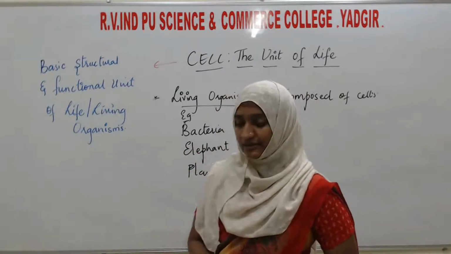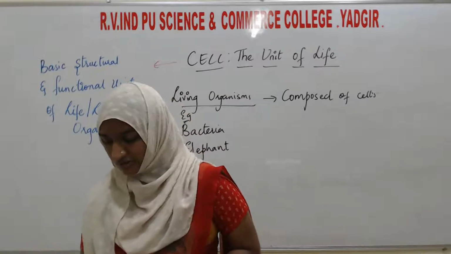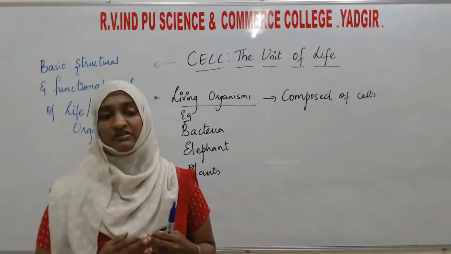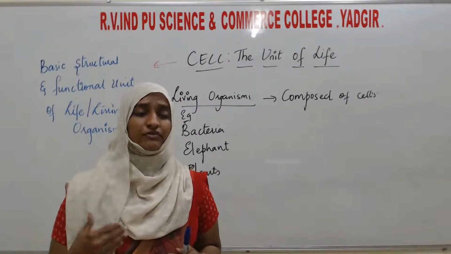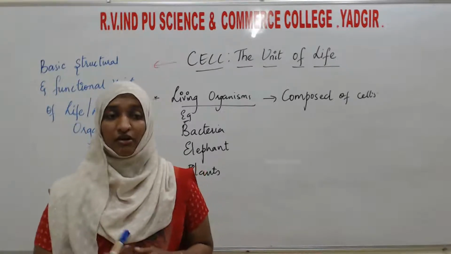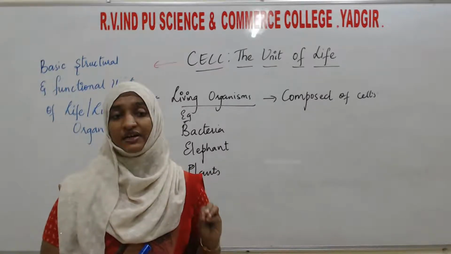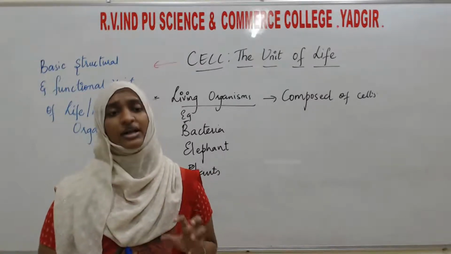The next thing is the living organisms which are composed of cells, based on the number of cells. You already studied in the 9th or 10th standard class that there are 5 kingdoms of living organisms. What are the 5 kingdoms?